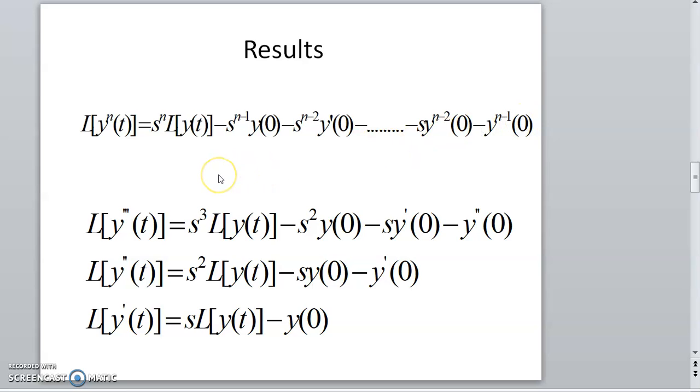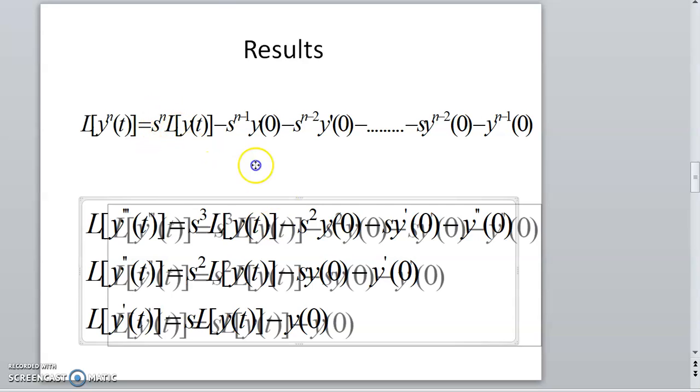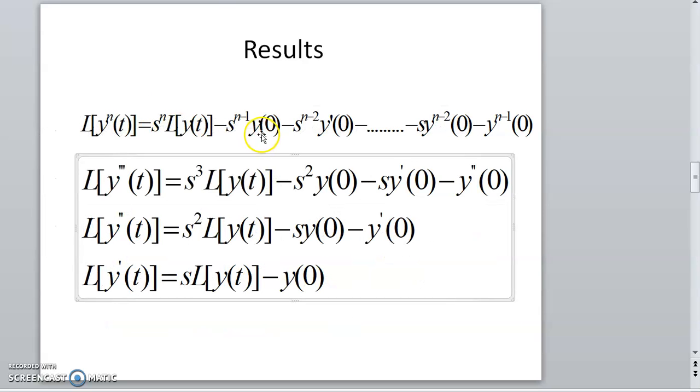We need 3 results up to the Laplace transform of derivatives for our syllabus. Put n equal to 3, we get L of y triple dash of t equal to s cube L of y of t minus s squared y of 0 minus s y dash of 0 minus y double dash of 0. Likewise.